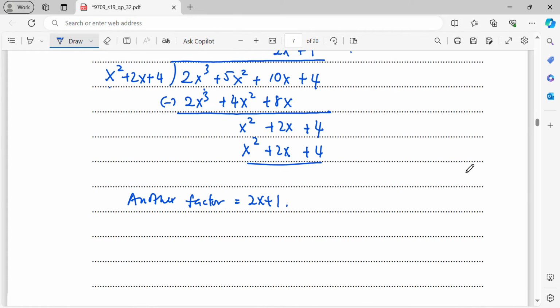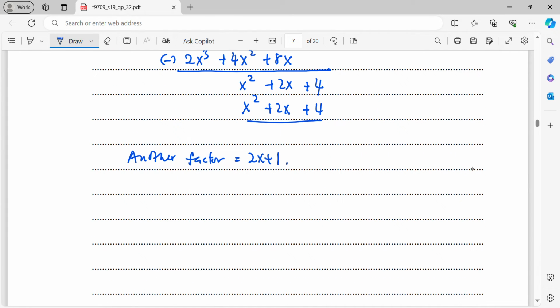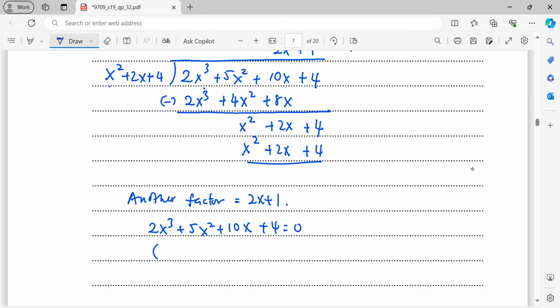So when the function equals 0, that means 2x plus 1 equals 0, right? When you rewrite, this is basically 2x cubed plus 5x squared plus 10x plus 4 equals 0. That means you are getting x squared plus 2x plus 4 multiplied with 2x plus 1 equals 0.